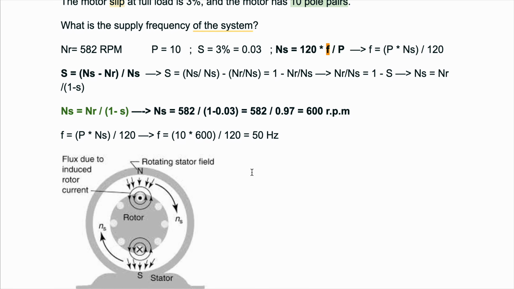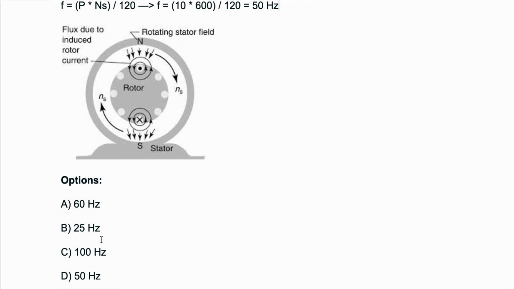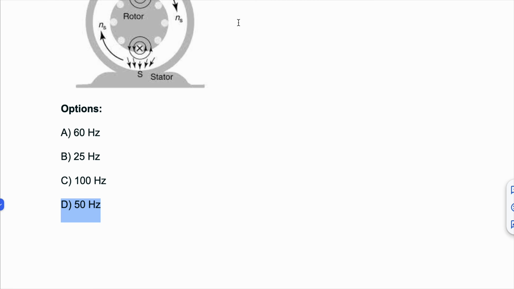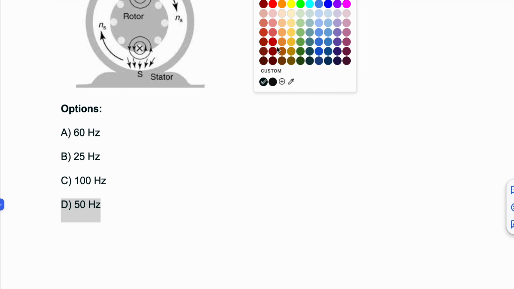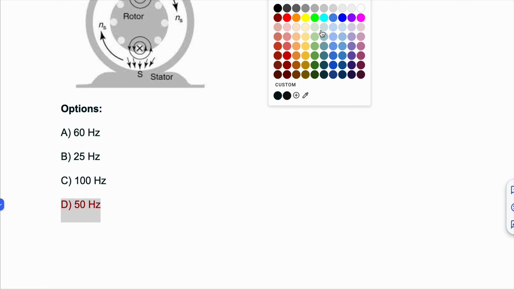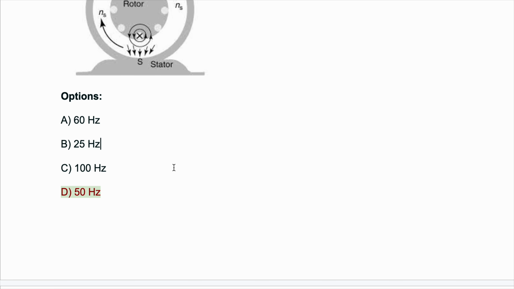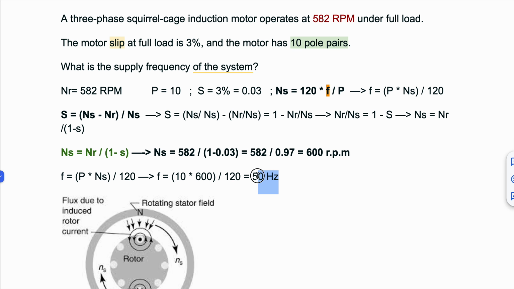Okay, so this is the answer. 50 hertz is the answer.